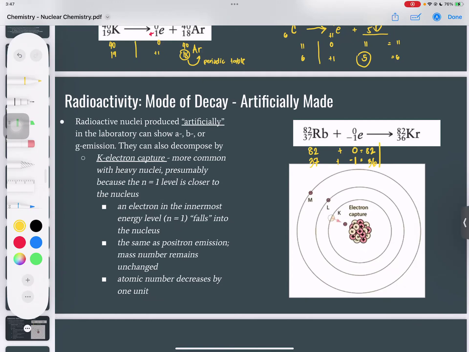To balance, it should be 82 and 36 on the right side. Check the periodic table for 36. It is krypton. So if the electron in the innermost energy level of rubidium-37 falls into the nucleus, it captures that electron and becomes krypton-82.